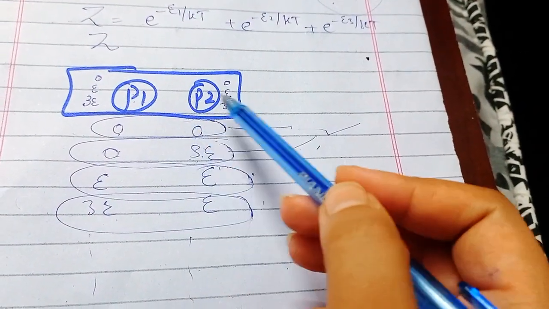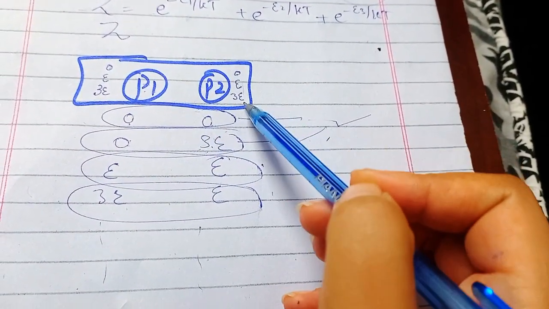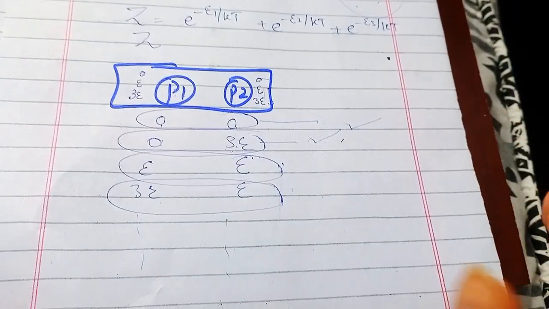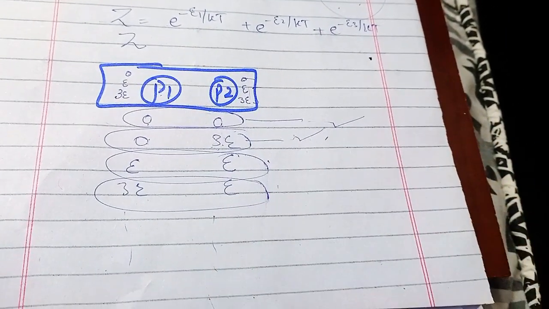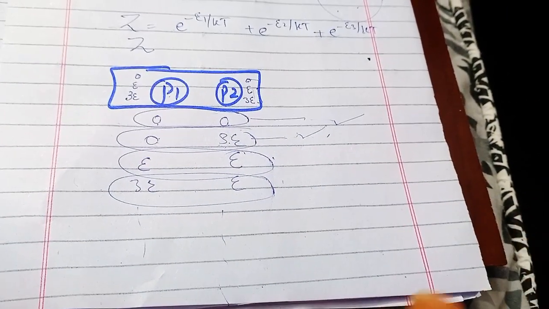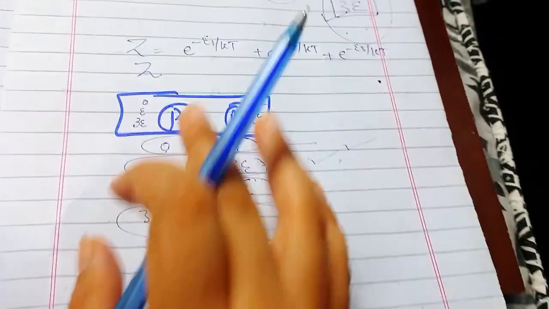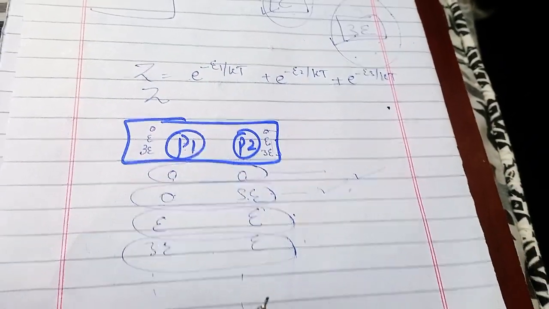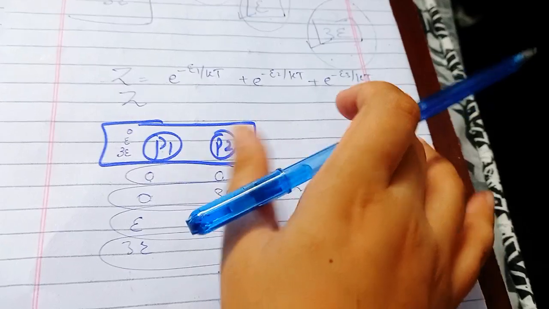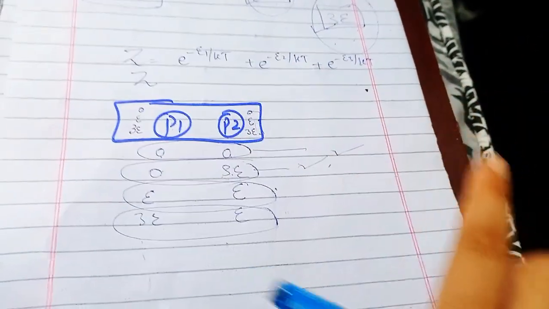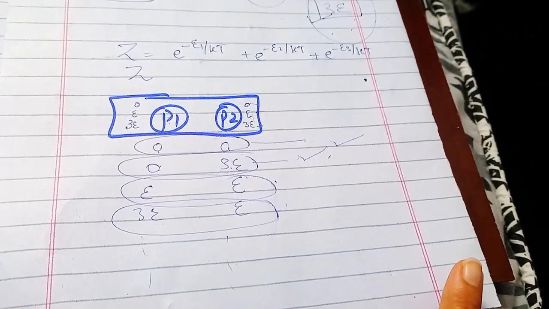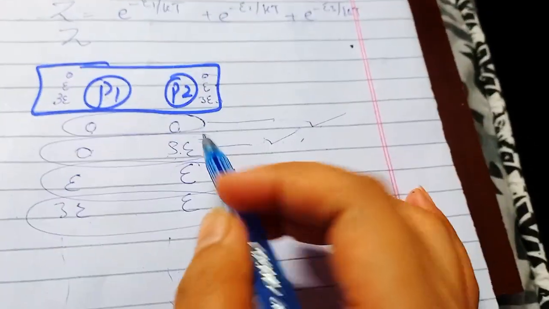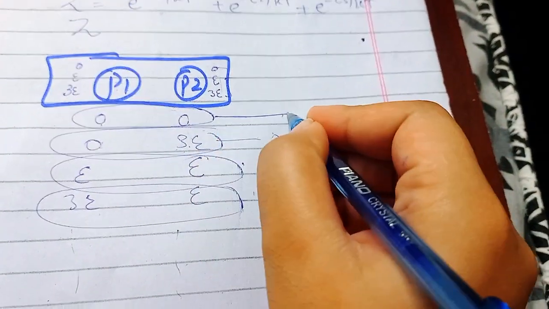Okay, because P1 and P2 can possibly be at any energy level out of these three, and we are interested in knowing all the possible combinations of states this system could have in order to write the partition function, because the partition function is the summation of the Boltzmann factor for all the possible states the system could have. Okay, and for that purpose what we do is find out the Boltzmann factor for each state.